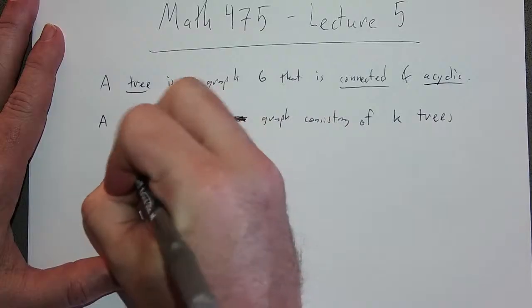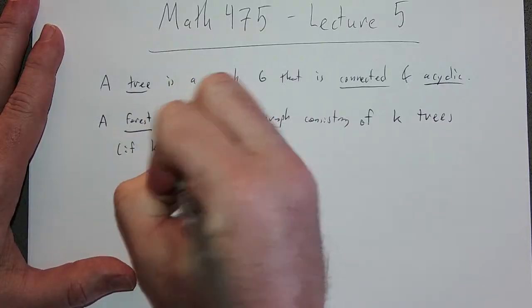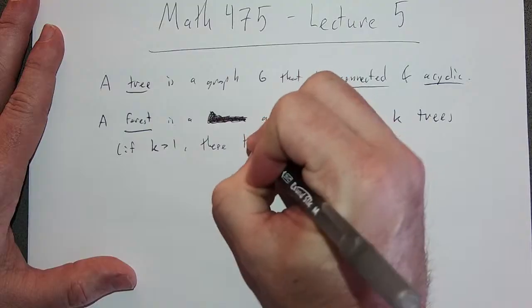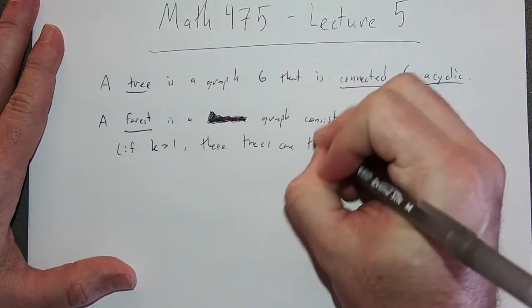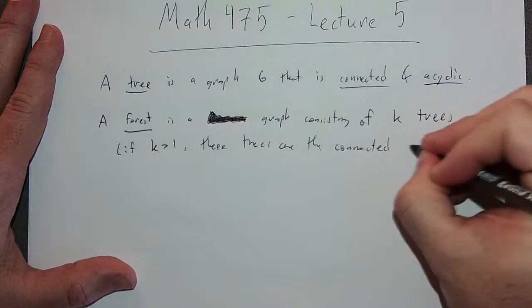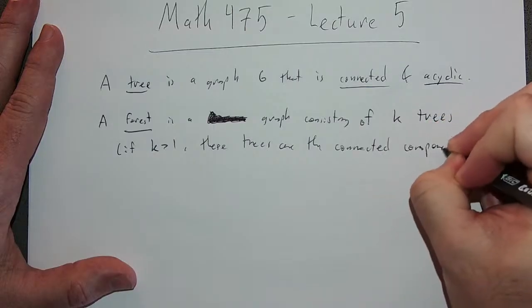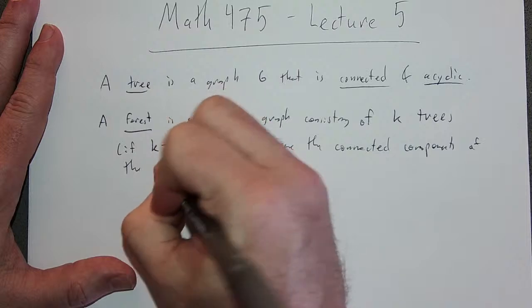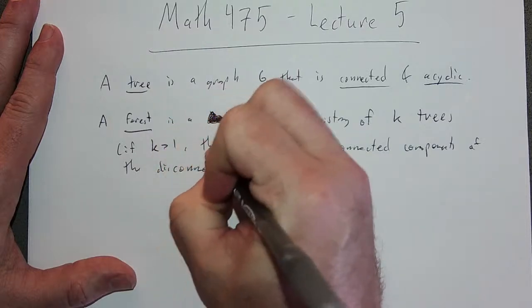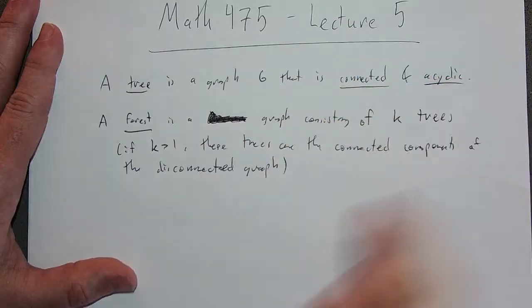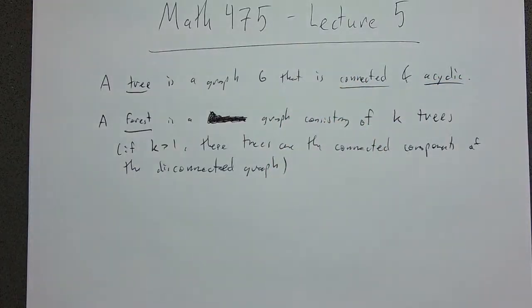So if k is bigger than 1, these trees are the connected components of the disconnected graph. This will make at least one statement that I want to make slightly less awkward later, so this is better.